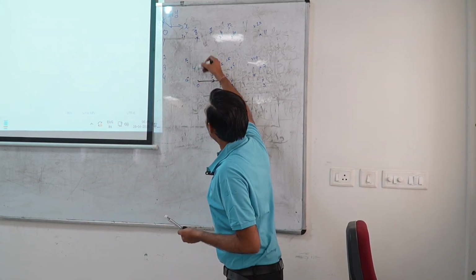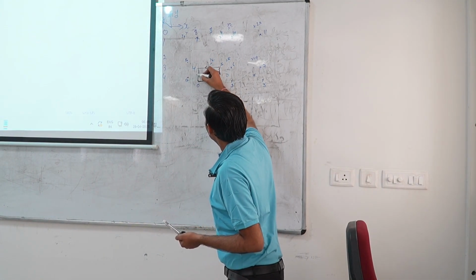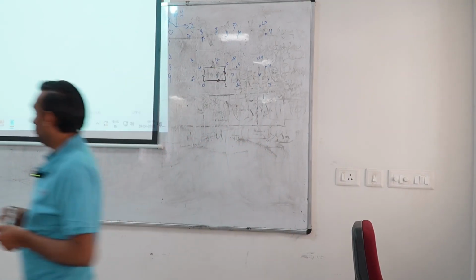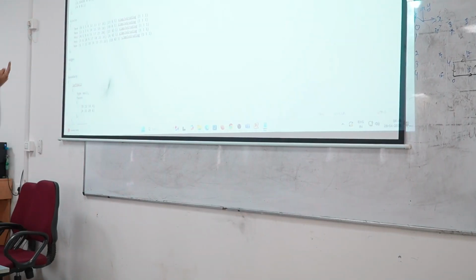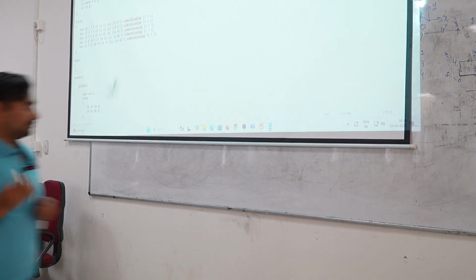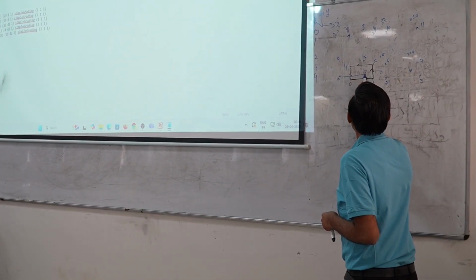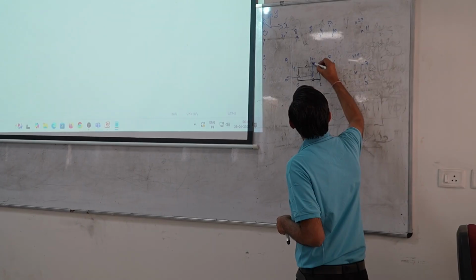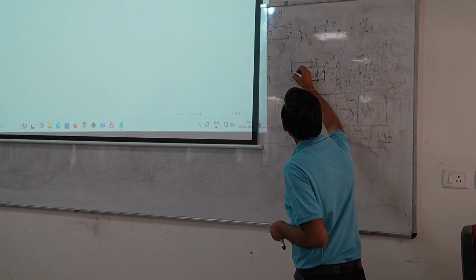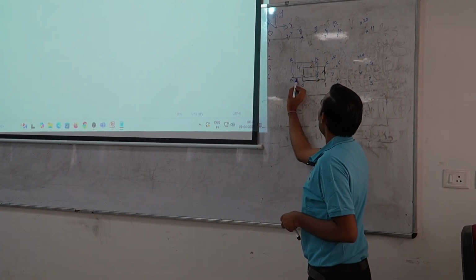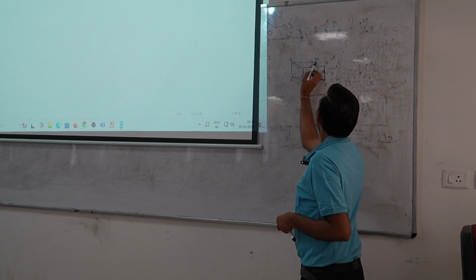It cannot be open ended, so it will join again to 0. And what are the other 4? 12, 13, 17, 16. And ultimately, if I join these sides, what has it become?